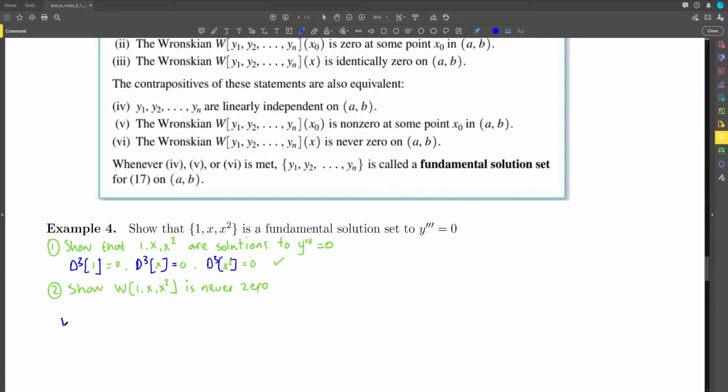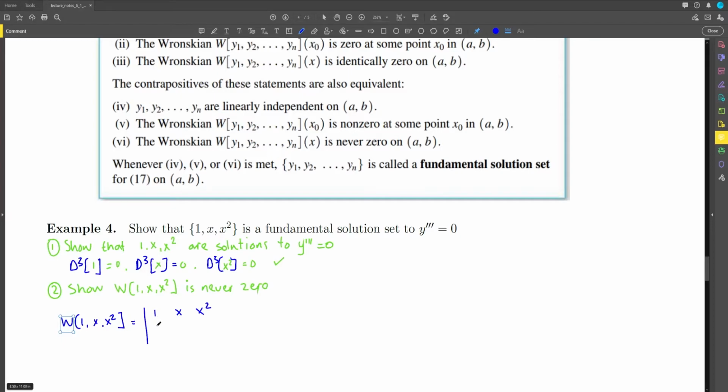The Wronskian of 1, x, and x squared is given by a 3 by 3 determinant, and we write down 1, x, and x squared. Then the second row of our determinant is the derivatives of these functions.